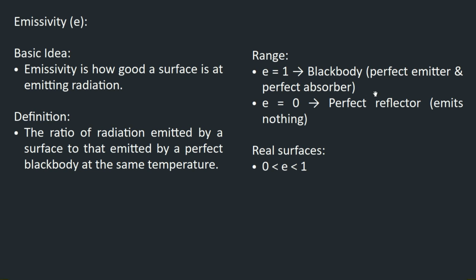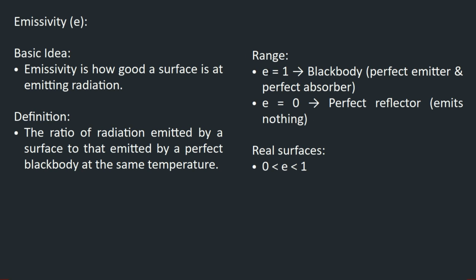So we have this statement over here: a perfect black body at the same temperature. If you have a perfect black body in front of you and the object you are considering, and you want to get the E value, have them at the same temperature. Observe how much energy they are radiating, and take the ratio, and that will give you the E value.